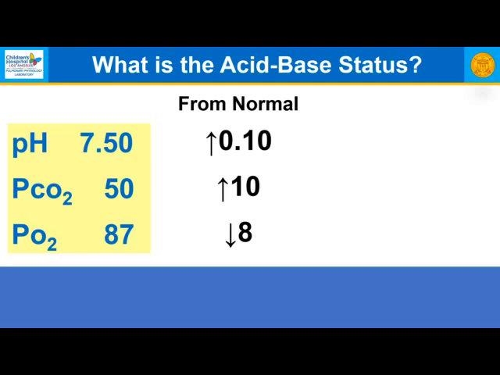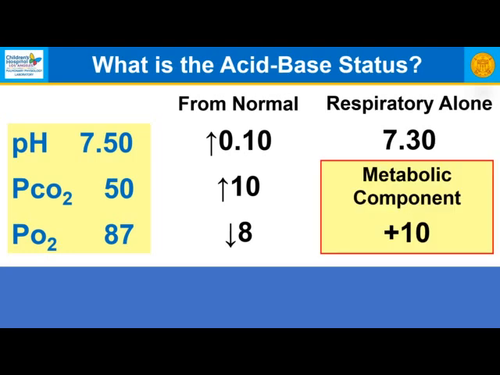For a PCO2 of 50, we would expect a pH decreased 10 hundredths of a pH unit, so 7.3. Observed minus respiratory-only is positive 0.2 pH units or 20 hundredths of a pH unit. So the metabolic component is half that or plus 10.